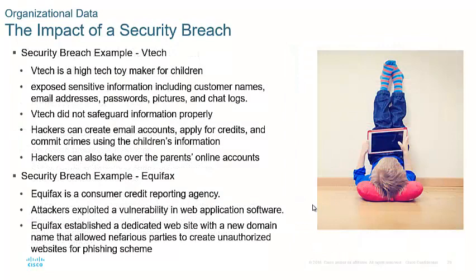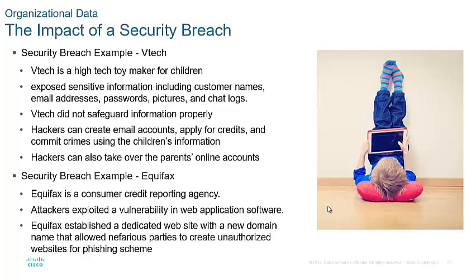Still on the impact of a security breach, we want to look at some of the security breach examples. VTech is a high-tech toy maker for children, and we also have exposed sensitive information, including customer names, email addresses, passwords, pictures, and chat logs.